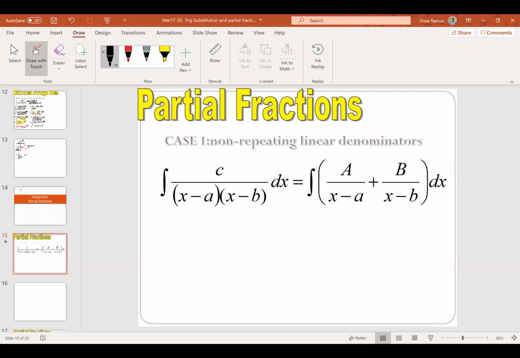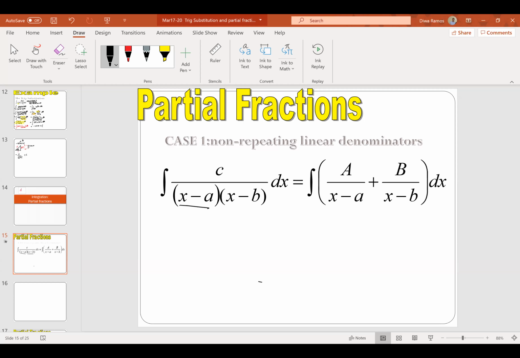If we have an integral where we can factor the denominator this way, of this format, you have something in the numerator. It doesn't have to be a constant, by the way, but you have some factors in the denominator. In this case, we have an x minus a and an x minus b.